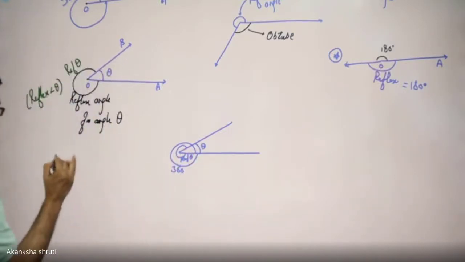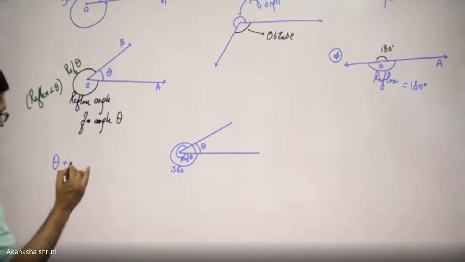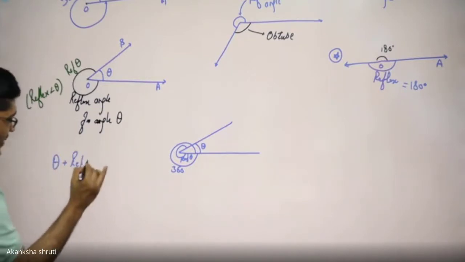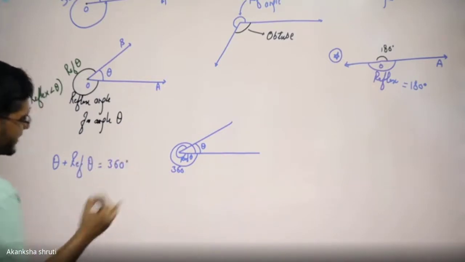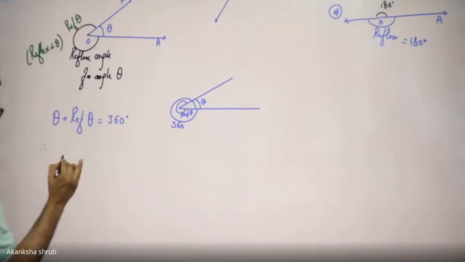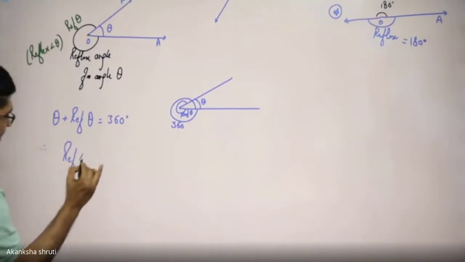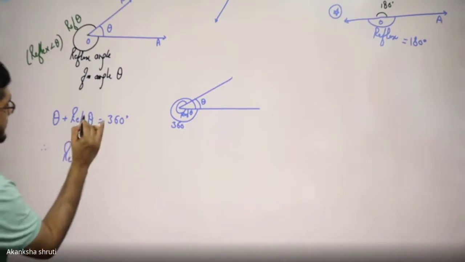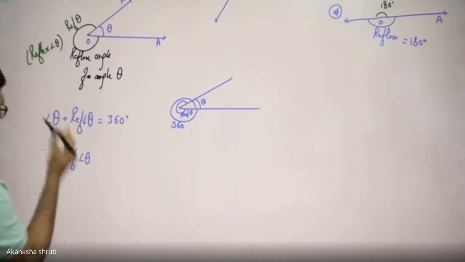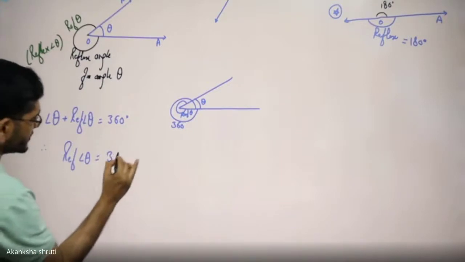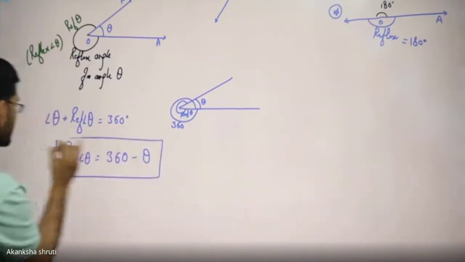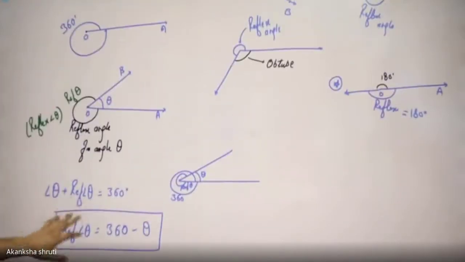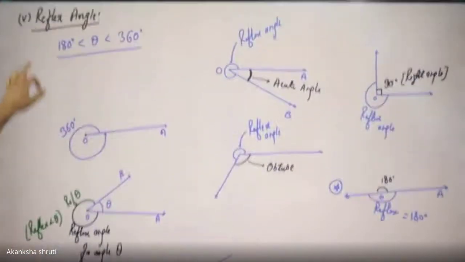So angle theta plus reflex of angle theta is always 360 degrees. Therefore, the reflex value of angle theta, with the angle sign here and here, is equal to 360 minus the angle theta. Keep in mind. So this is the relation of the angle with its reflex angle.